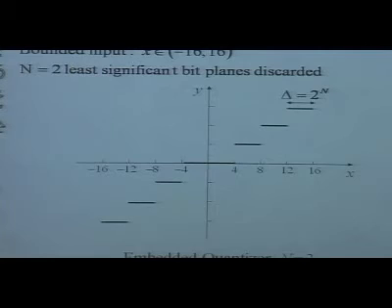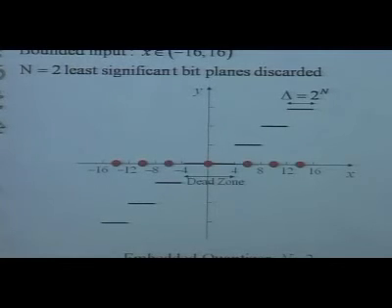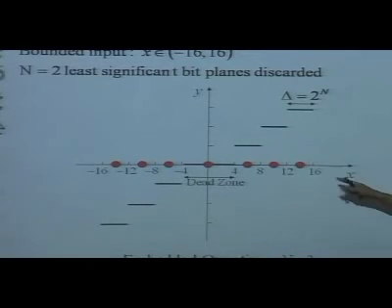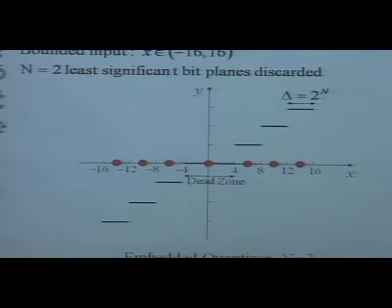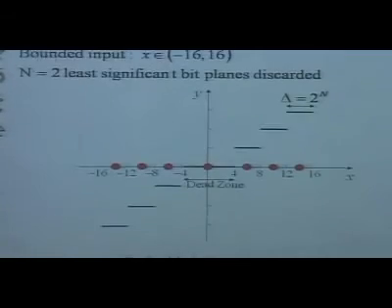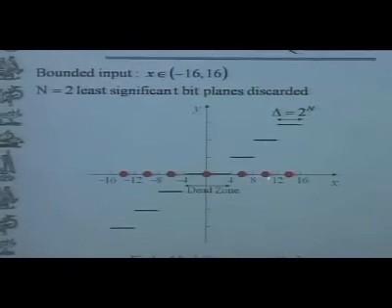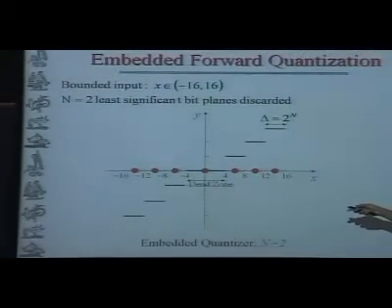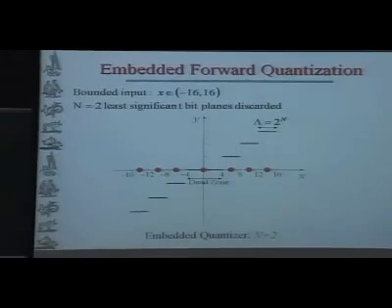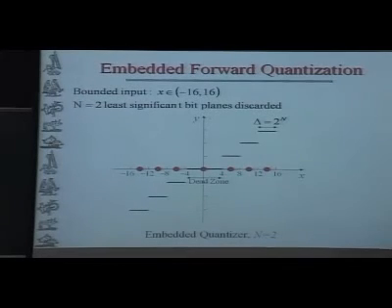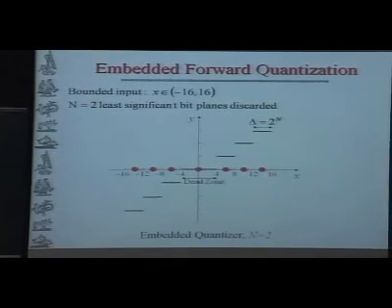Now, if you choose the midpoint reconstruction, which is usually a pretty reasonable thing to do at high bit rate, then the midpoint will turn out to be the red dot of the reconstruction. Now, if I have the red dots, I'm going to show you very quickly how we can inverse quantize in a very smart way.